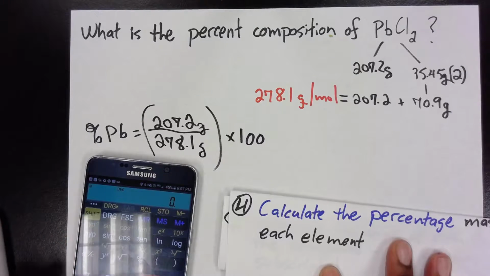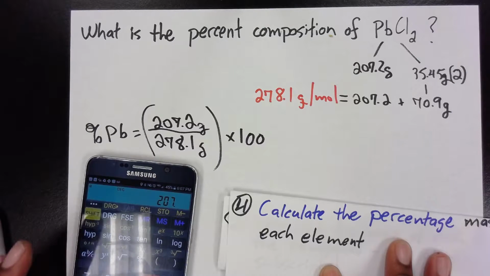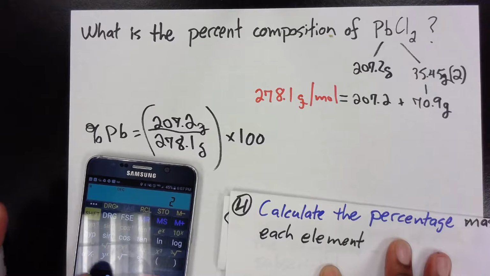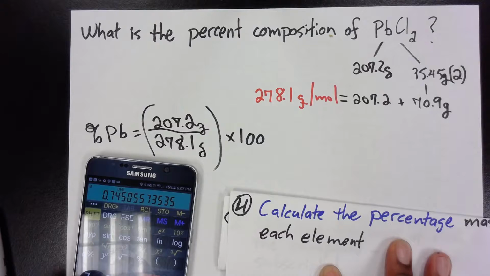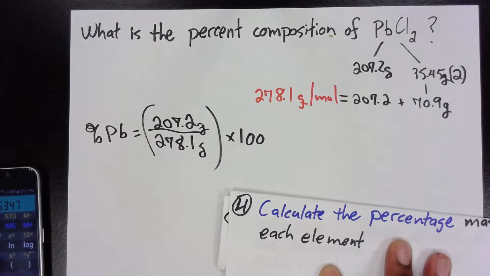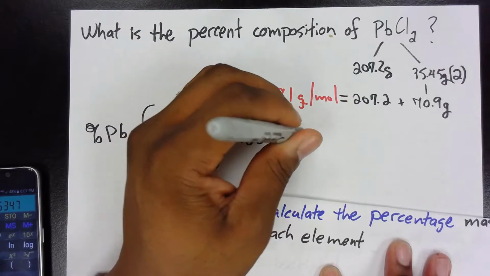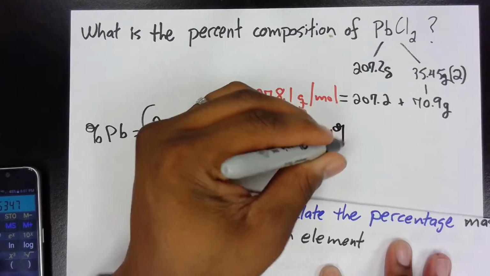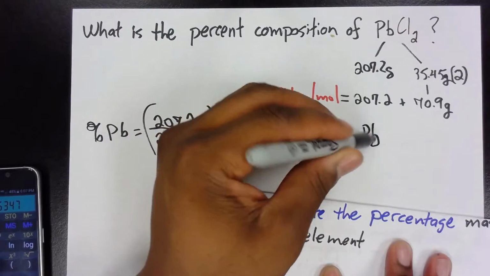So putting that in the calculator, 207.2 divided by 278.1, times 100, that's going to give me 74.51% of lead. There it is.